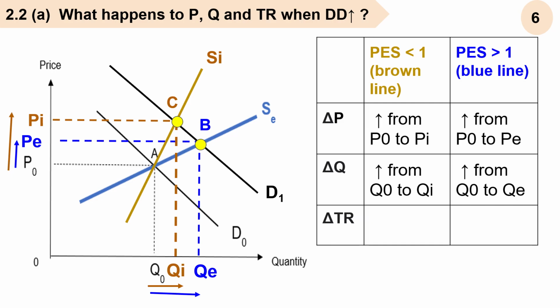P0, Q0. Yes. So for the brown line, the initial total revenue is here.